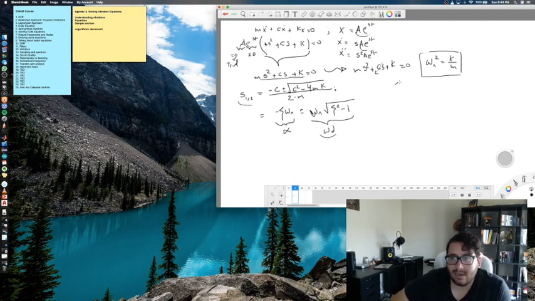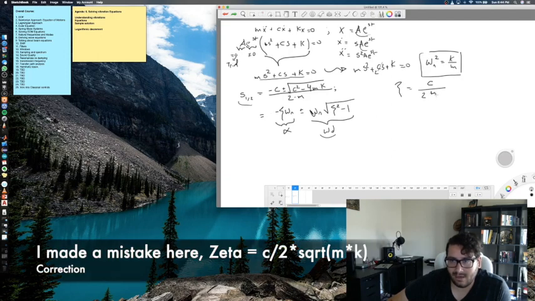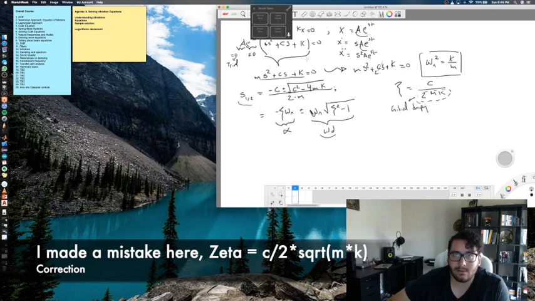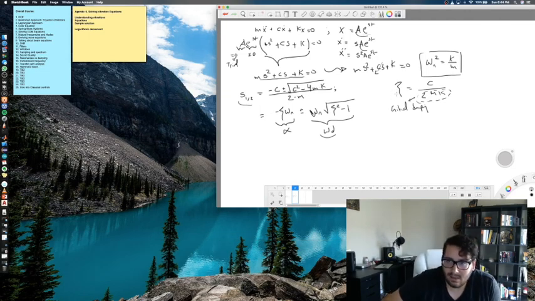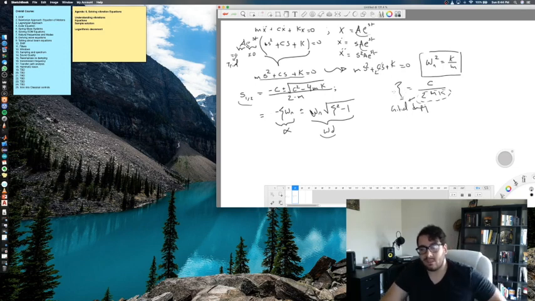And by deduction, I know that now my zeta is equal to c over 2 square root of mk, and that term is often referred to as critical damping. This is a very important aspect of what we're talking about today in terms of solving equations of motion for vibrations.